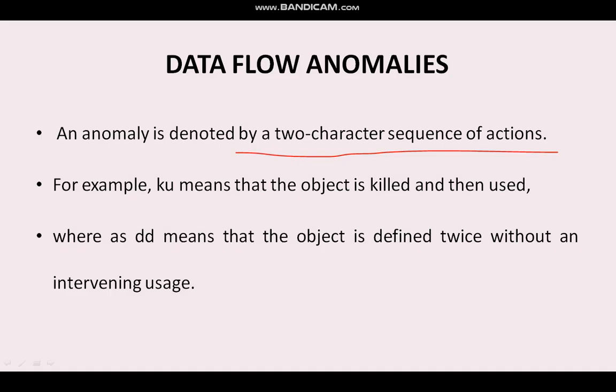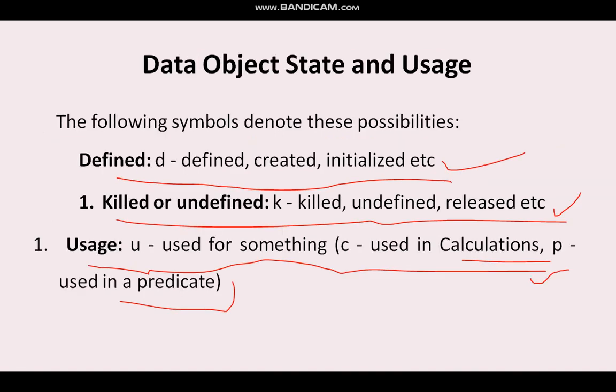The very first one is KU. KU means what? Killed, used. K stands for killed, as we have seen previously, and U for used. D for defined. Remember, these are the actions we represent in the anomalies: K for killed, D for defined, and U for used.